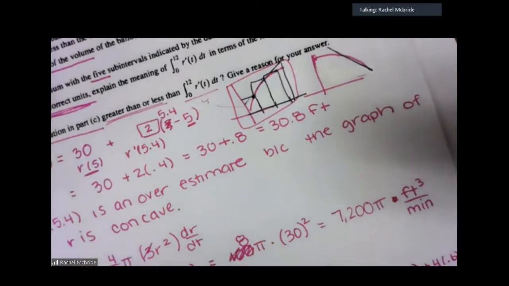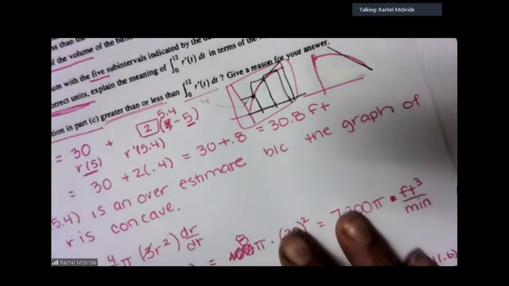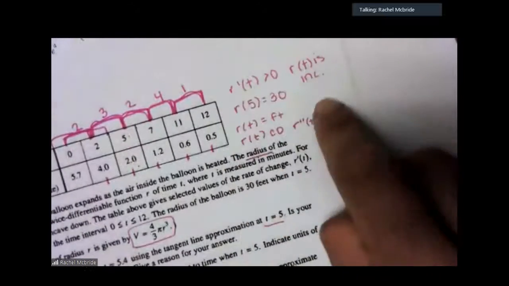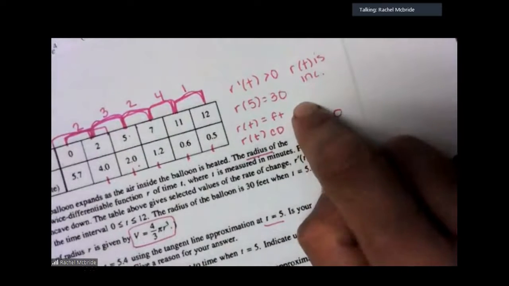Are my rectangles above or below that line when I drew them on my little graph sketch? Over, yeah, because they're all above. So do you see how being able to give yourself an idea of what the graph looks like allowed you to answer parts A and B?